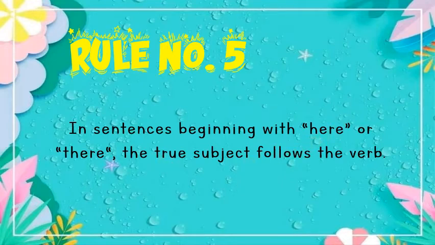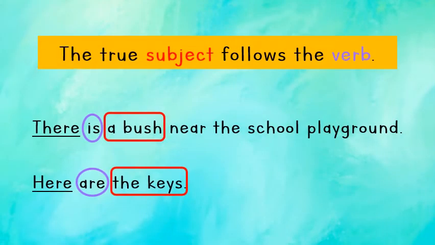True subject dia adalah benda lain, perkataan lain. So how? There. So I underline there, I underline here. Okay. There is a bush near the school playground. So the true subject is a bush. Okay, a bush. Satu. Okay, one bush.